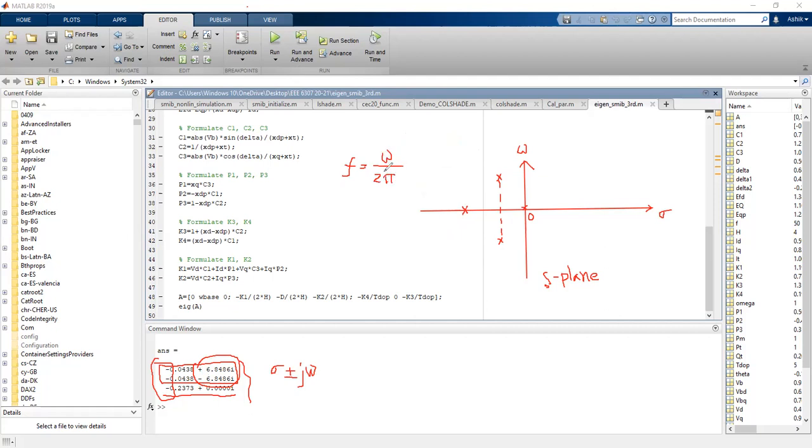And in case of omega, because we see that there could be some minus j omega part, you can take the absolute value of the imaginary part of the eigenvalues.